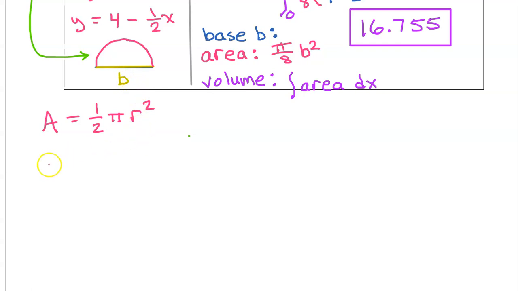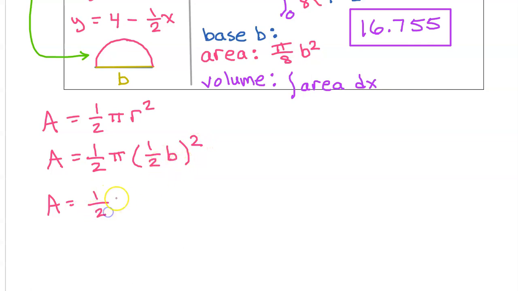So I'm going to make that substitution. The area of the semicircle becomes 1/2 pi, and instead of r, I'm going to put 1/2 b. We can simplify this by squaring 1/2 b. So I'm just going to bring down the 1/2 pi. 1/2 squared is 1/4. And then, of course, b squared.